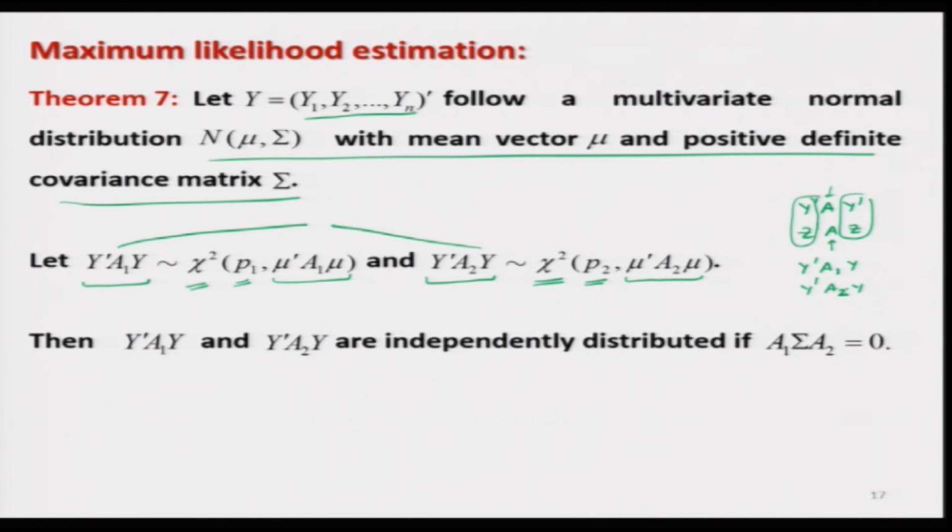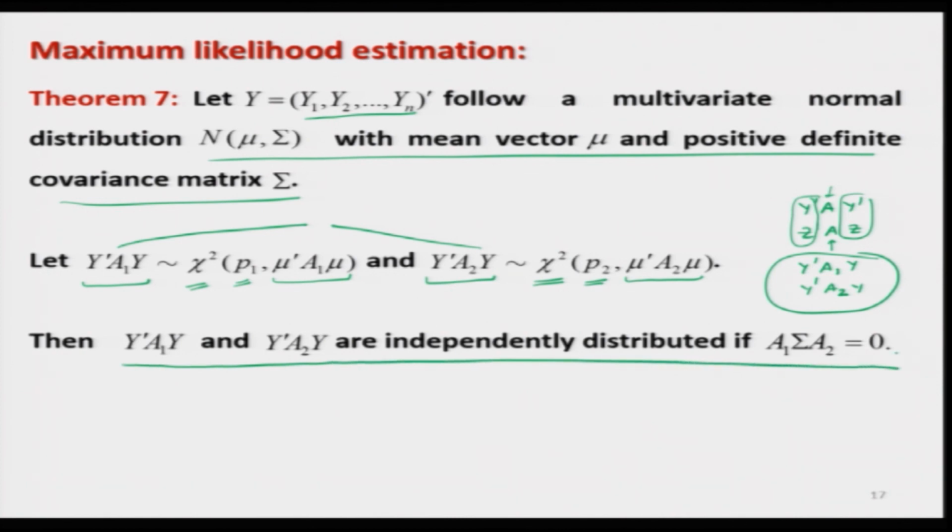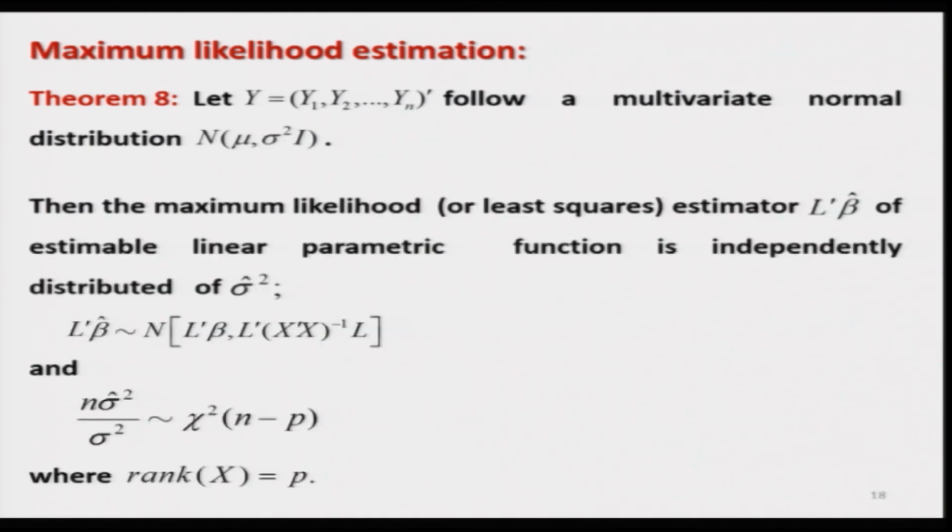So, we are going to consider variables of this type. In this case you can see that y transpose A 1 y and y transpose A 2 y are independently distributed if the condition A 1 sigma A 2 is 0, that is a null matrix.